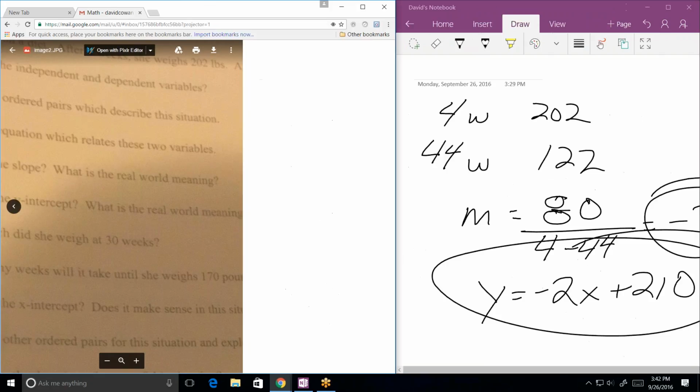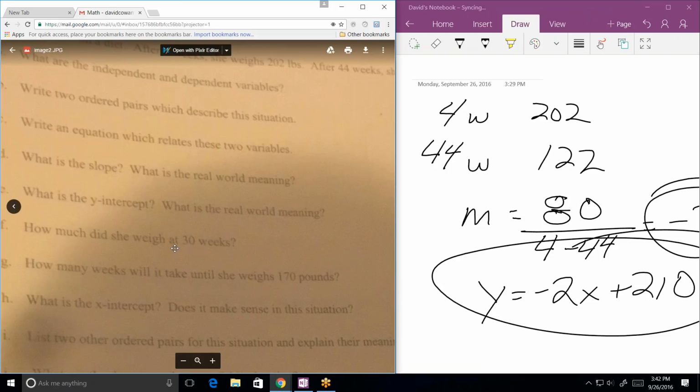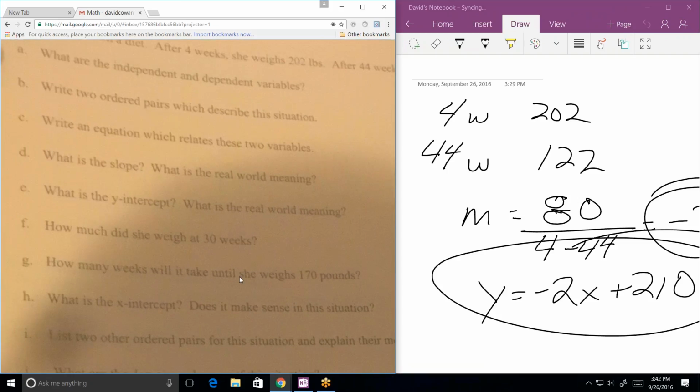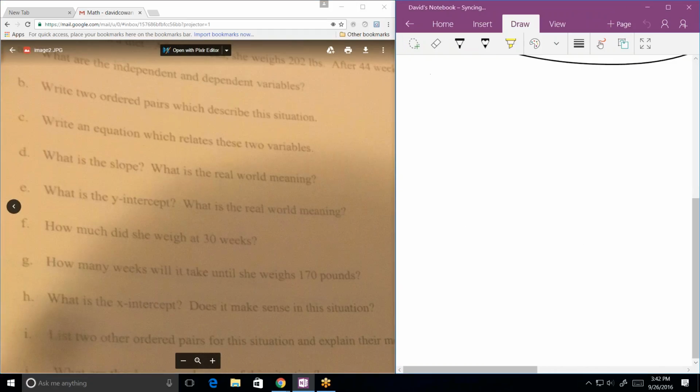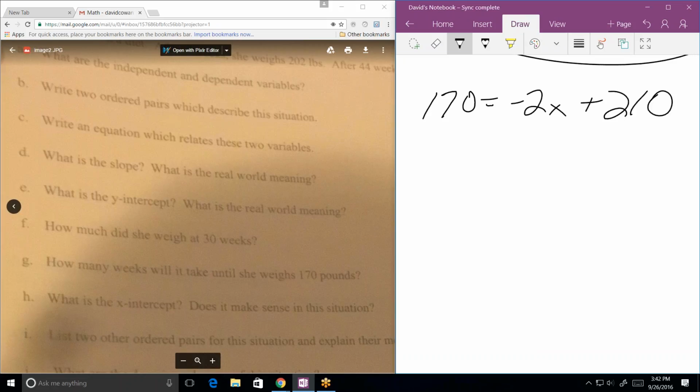Okay. How many weeks will it take until she weighs 170 pounds, and how do I set that up? 170 equals negative 2x plus 210. All right. Trust you can do that.